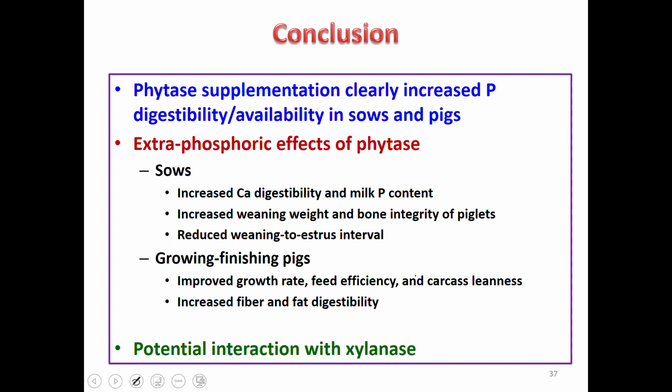And in growing and finishing pigs, improved growth rate, feed efficiency, and carcass leanness, and improved fiber and fat digestibility, along with phosphorus digestibility. And we also want to do more research about potential interaction with xylanase enzyme.